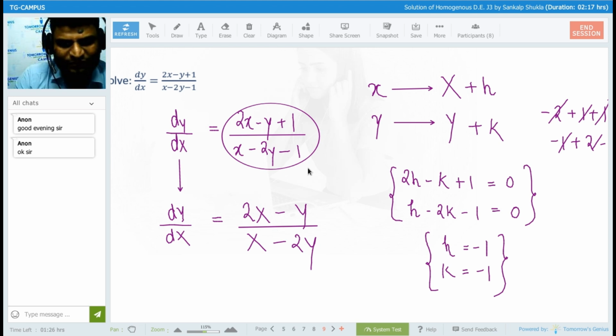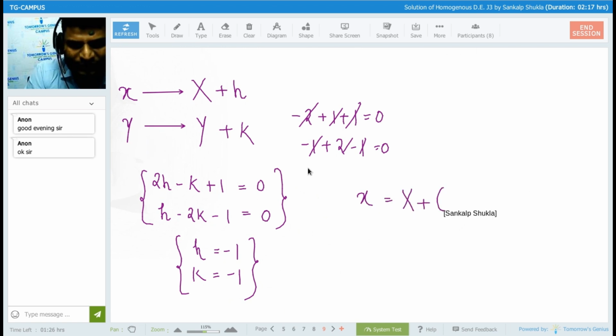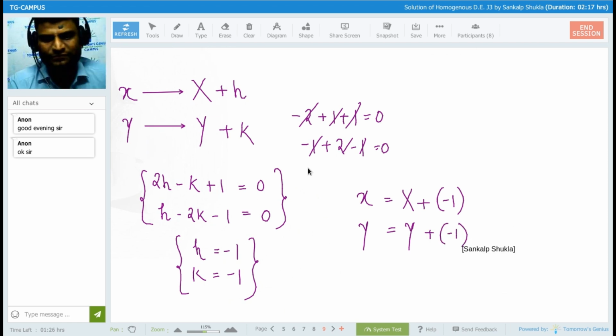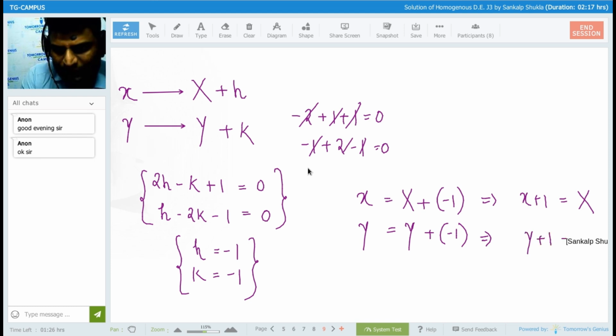Now since we have the values of h and k as minus 1, this x can be written as capital X minus (minus 1), and this y is capital Y minus (minus 1). So it implies that capital X is x plus 1 and capital Y is y plus 1.